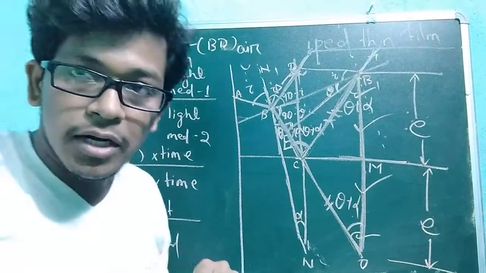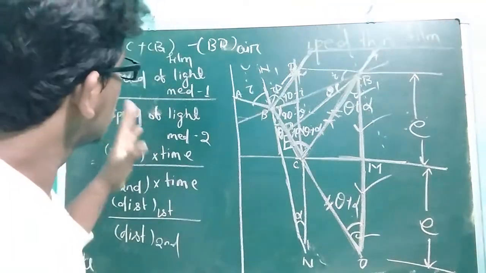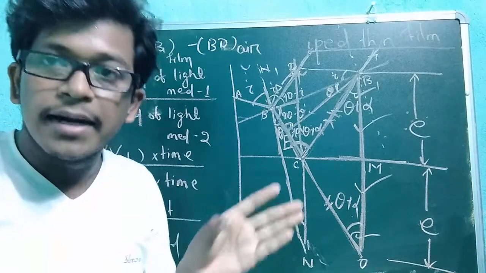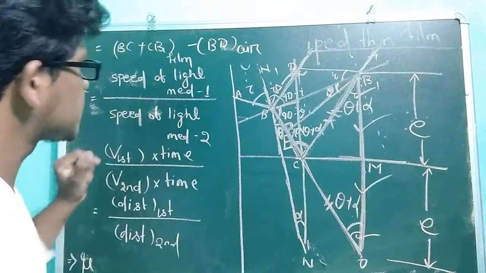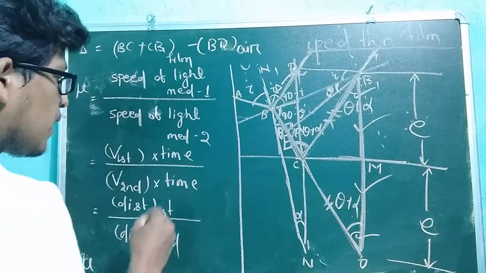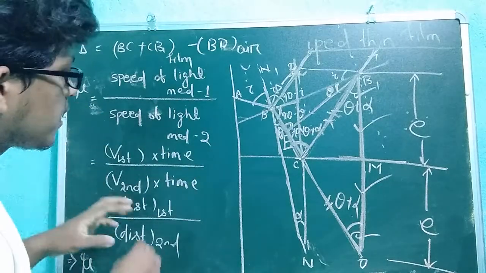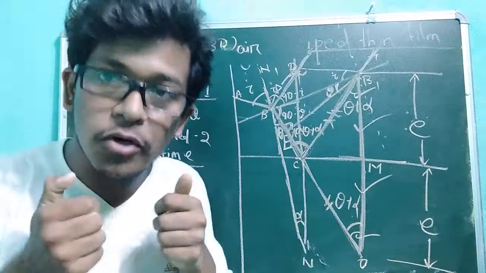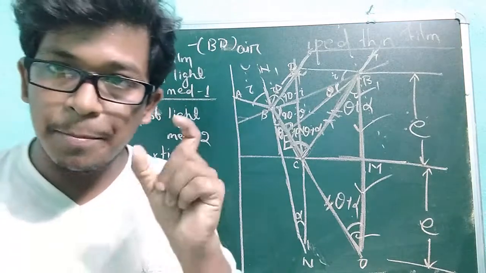According to the rule of refractive index, the refractive index is the speed of light in medium 1 divided by the speed of light in medium 2. That same thing I wrote here. I have already written it. If I multiply by time in both cases, I have a stopwatch and I am watching how the boys are running, with a fixed time.